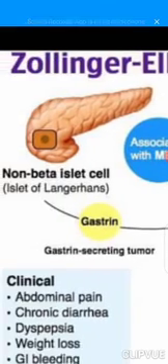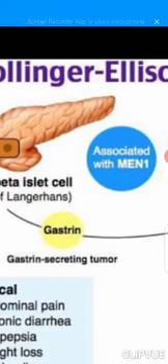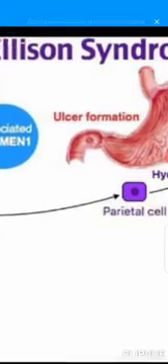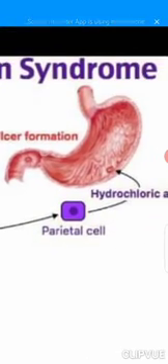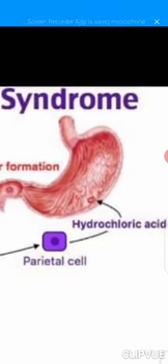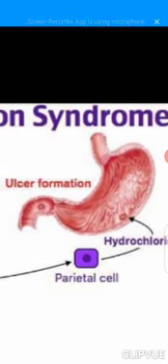So now we are saying that in MEN type 1, gastrin can be one of the hormones. Don't forget, multiple endocrine. We are saying many hormones are produced, and MEN type 1 has been associated with gastrin production. Just the same thing, the gastrin that is produced acts on the parietal cells. Parietal cells produce hydrochloric acid. Hydrochloric acid will result in ulceration in the esophagus, stomach, and small intestine.